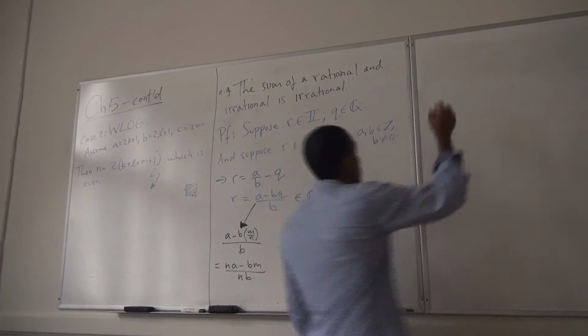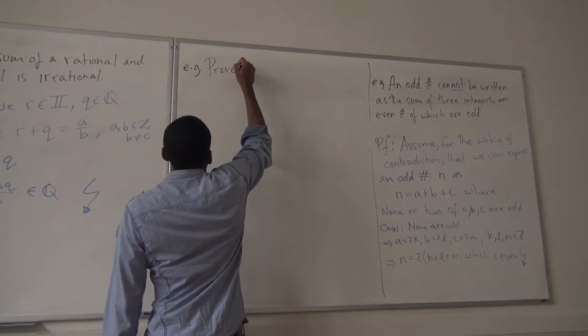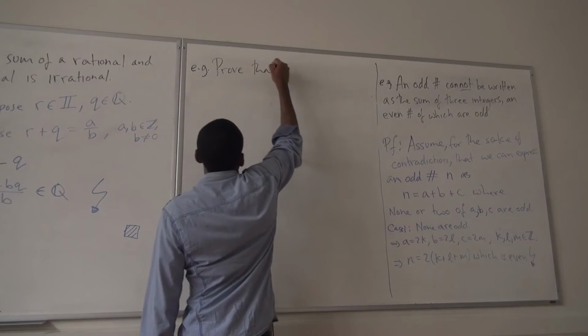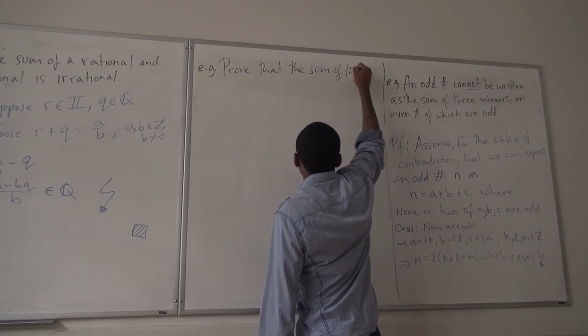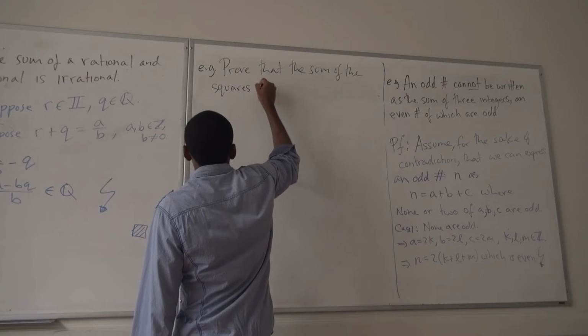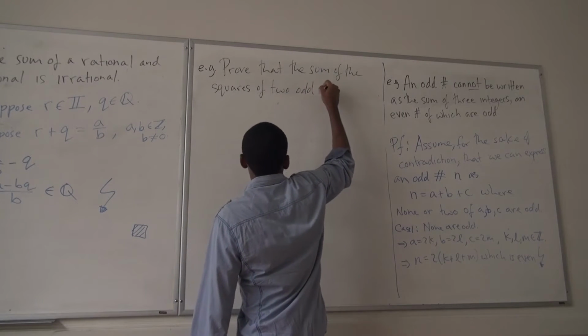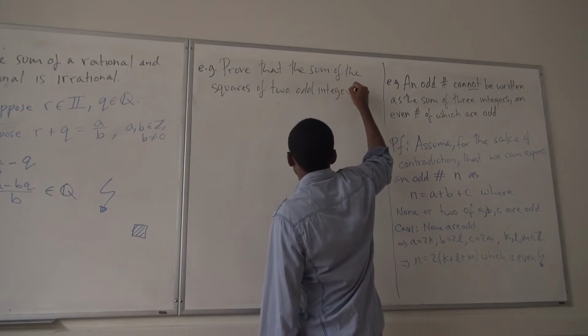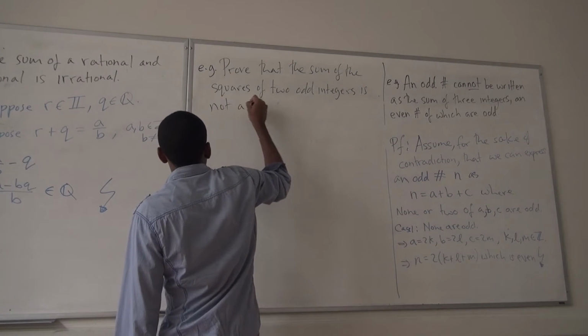So here's another one. Prove that the sum of the squares of two odd integers is not a square.